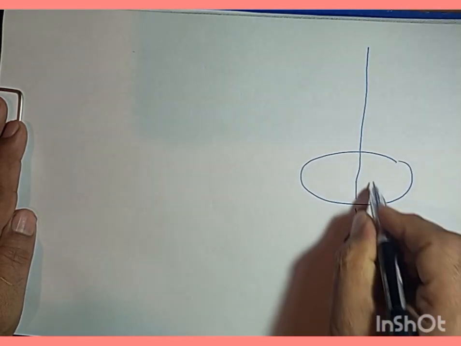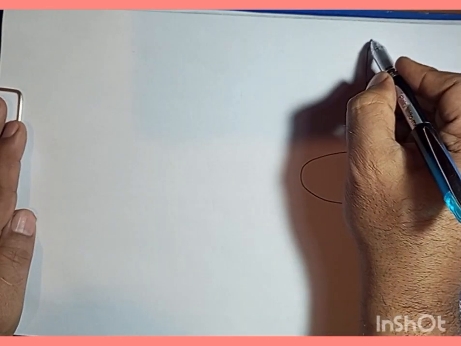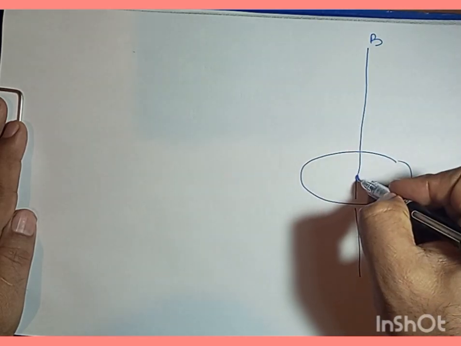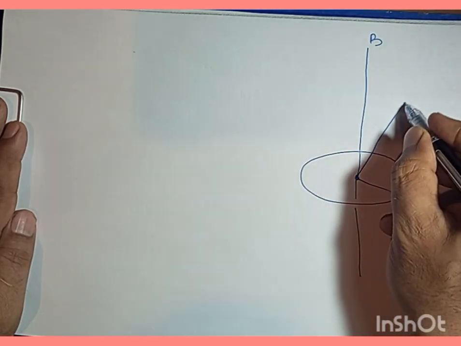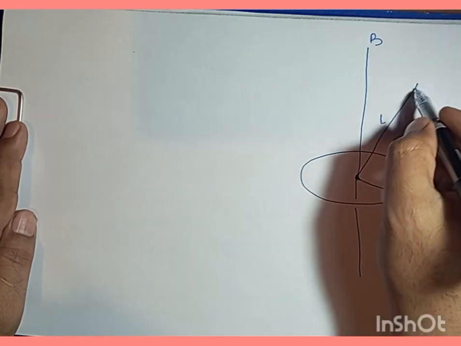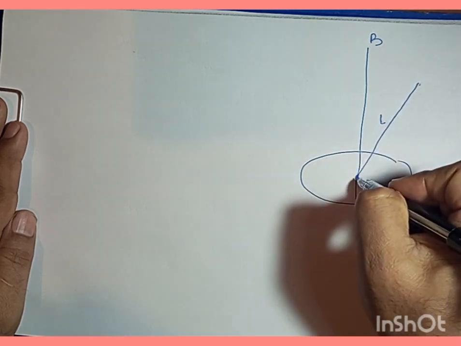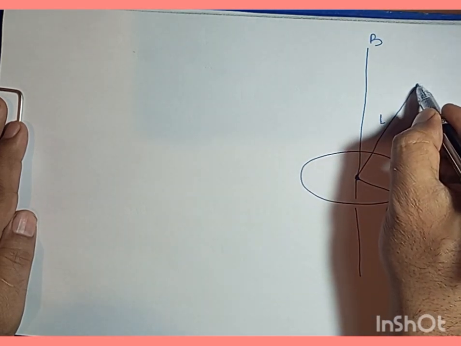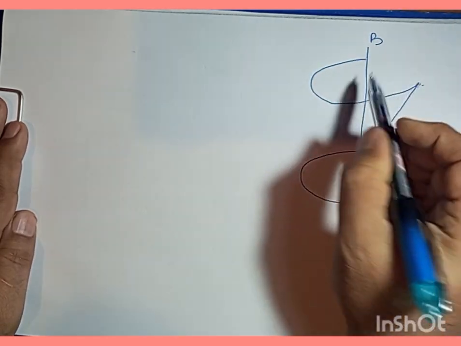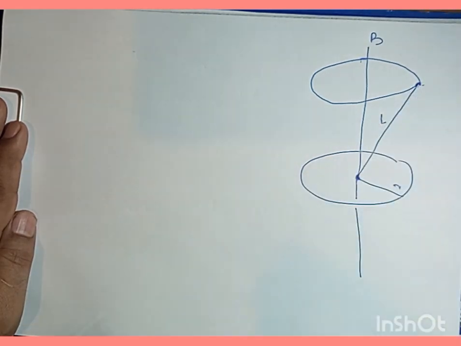The radius of this electron's orbit is small r, and this is the direction of magnetic field. Let us have the projection of orbital angular momentum. Say this is L, and you have an orbiting electron, projecting it this way.